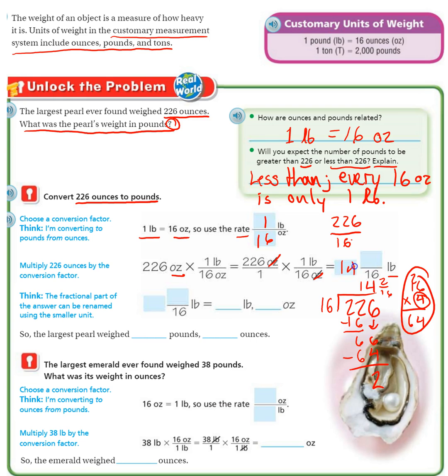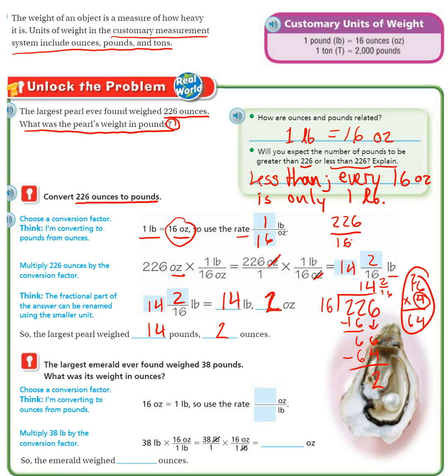So 14 whole pounds and then 2/16 of another pound. And 14 and 2/16 is 14 pounds, and then since it's out of 16, we know it's 2 ounces. So 14 pounds, 2 ounces. So the largest pearl ever weighed 14 pounds, 2 ounces.